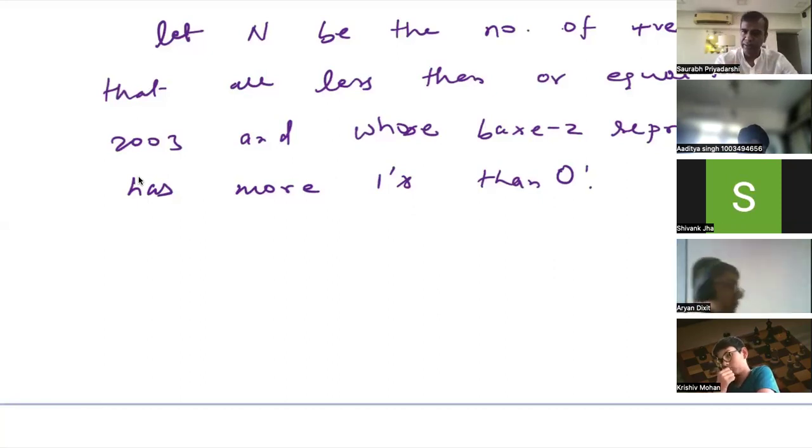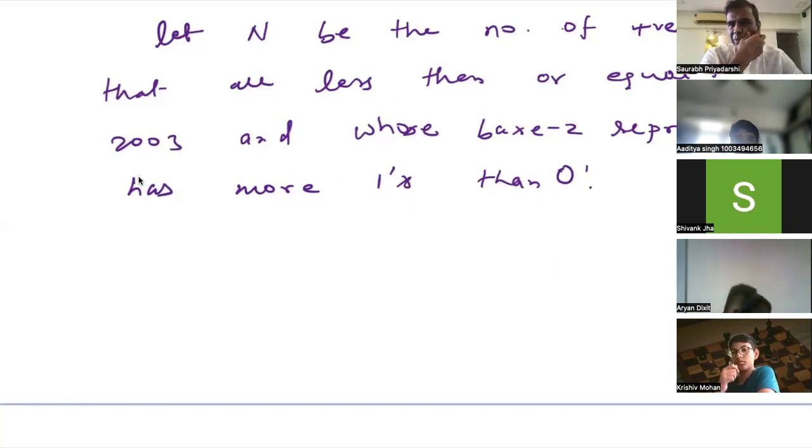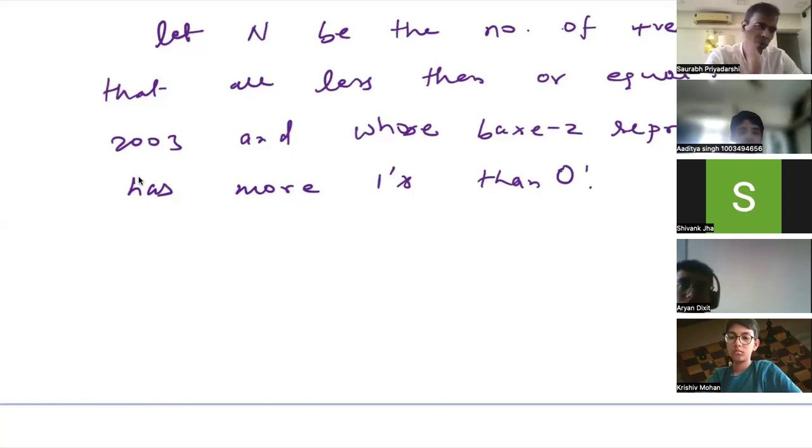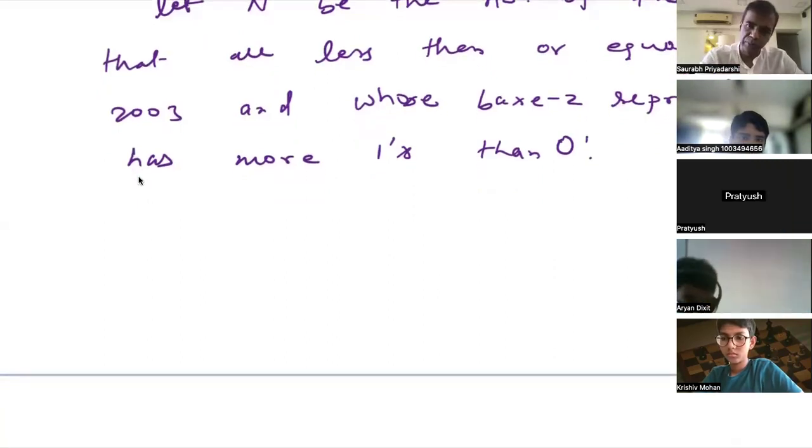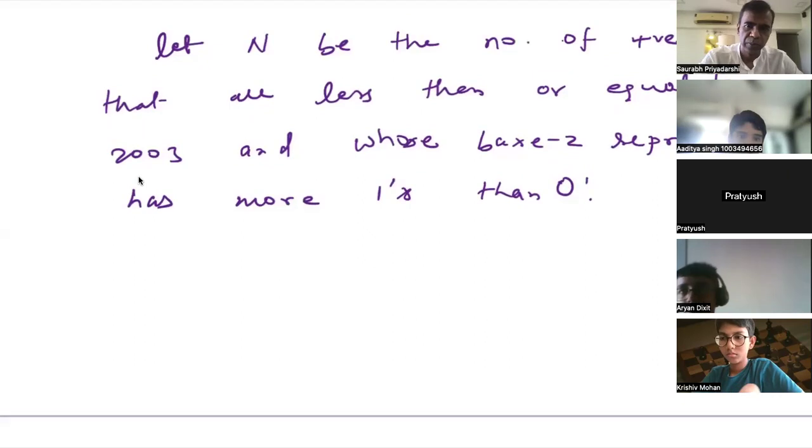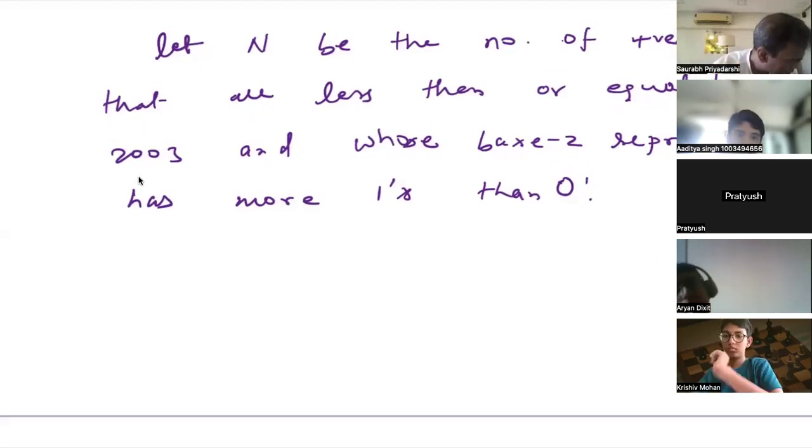May I start? Any idea, anything, just want to discuss, anyone? Sir, no, sir. Hmm. Sir, I thought that 2047 is the biggest number with 11 digits in base 2 representation. Okay.